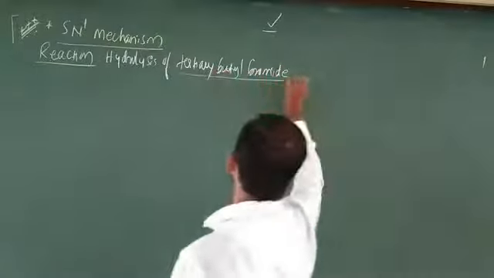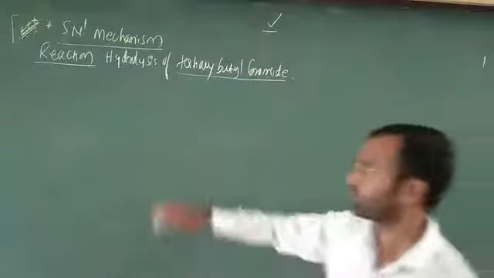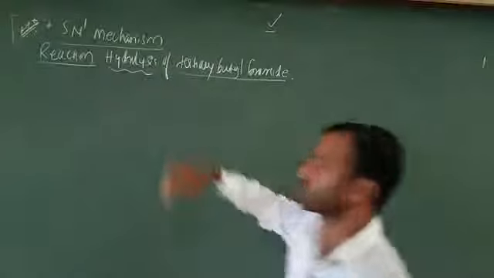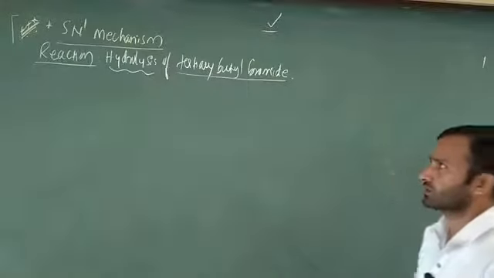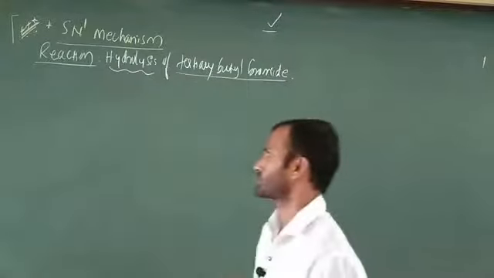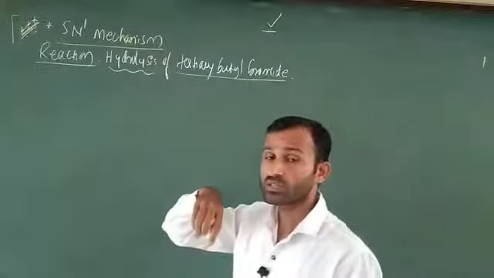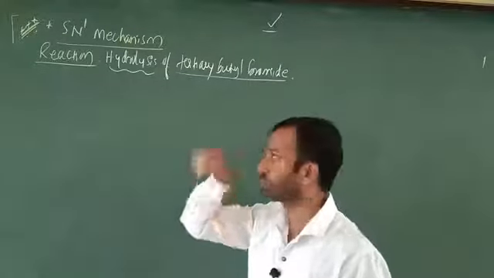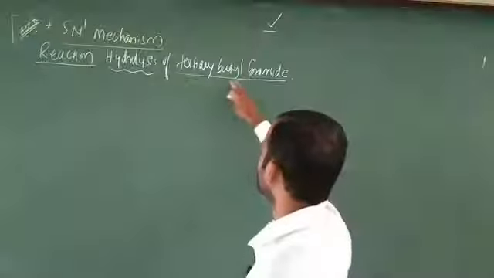This is important. The hydrolysis of methyl bromide is SN2, but this is the hydrolysis of tertiary butyl bromide.